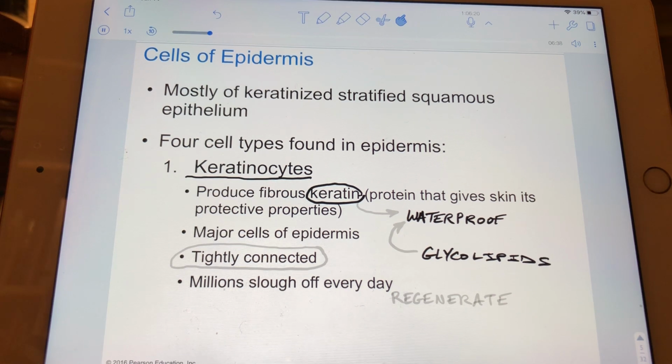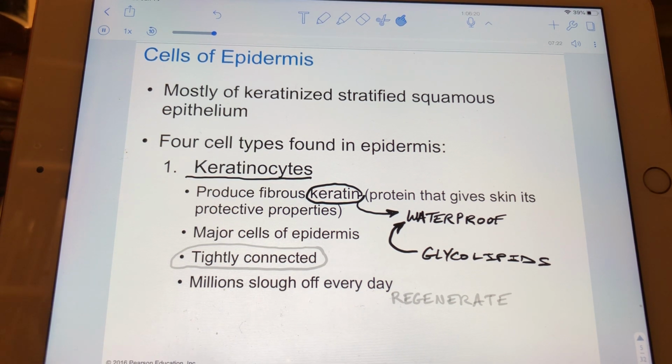And glycolipids, that grout, ensures that water can't seep or leak in between keratinocytes, right? Whereas keratin in keratinocytes, even those that are dead, ensures that water isn't lost through the cells, okay? So between keratin and glycolipids, we have a waterproof, not a totally impermeable covering, but a waterproof and somewhat selective covering, okay?